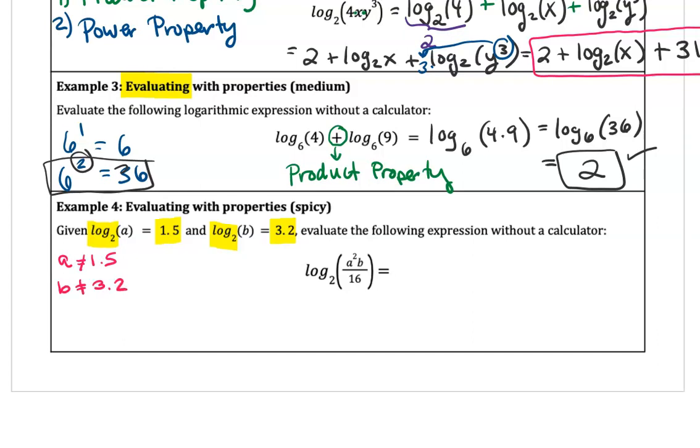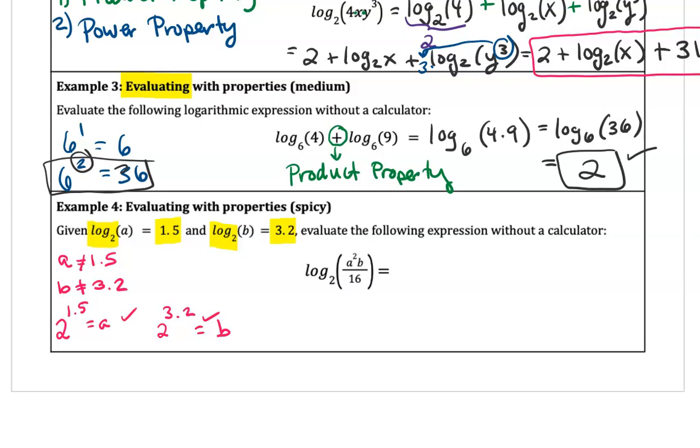So we have to wrap our head around that and understand that these are the exponents. 1.5 is the exponent. So I could say that 2 to the power of 1.5 equals A. That's true. And I could say that 2 to the power of 3.2 is equal to B. That I can say. But I can't, and I don't want to, plug in 1.5 for A or 3.2 for B.